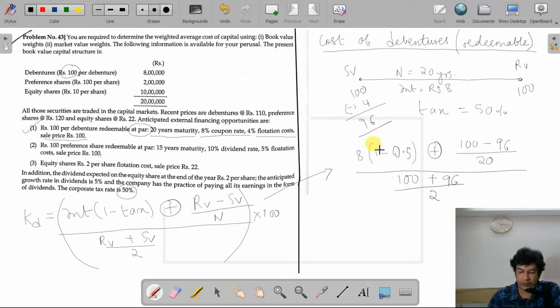This we are going to divide by 2, and this entire we are going to multiply by 100. So 8 and 0.5, so this will be 4. Then so I will be doing it.